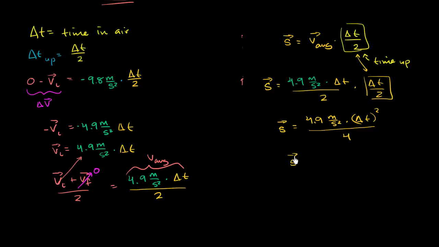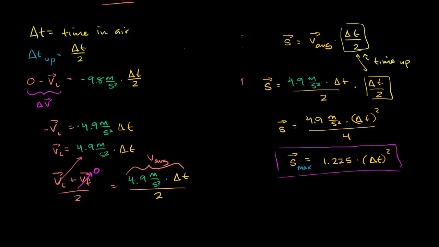So our maximum displacement is going to be 1.225 times our total time in the air squared, which is a pretty straightforward calculation. So this is our max displacement. Kind of how high we get displaced right when that ball is stationary or has no net velocity just for a moment and starts accelerating downwards.